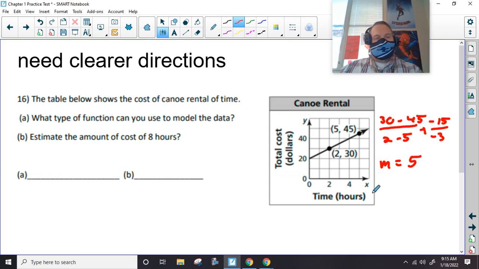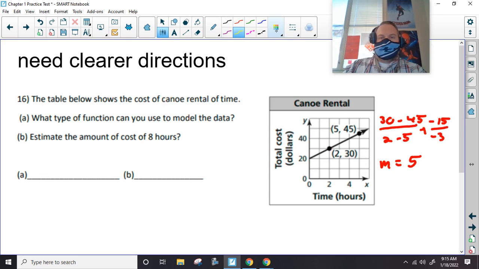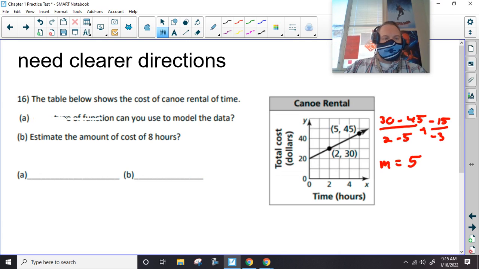All right. What this should actually be is write a function.